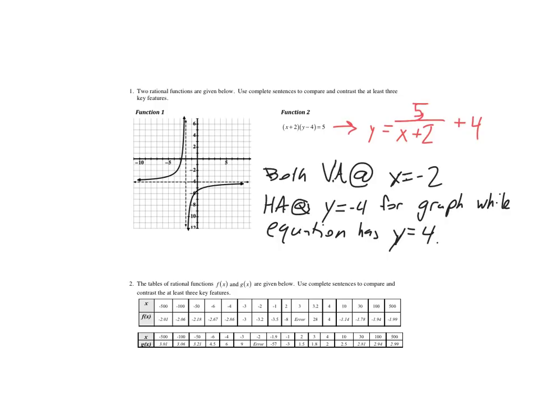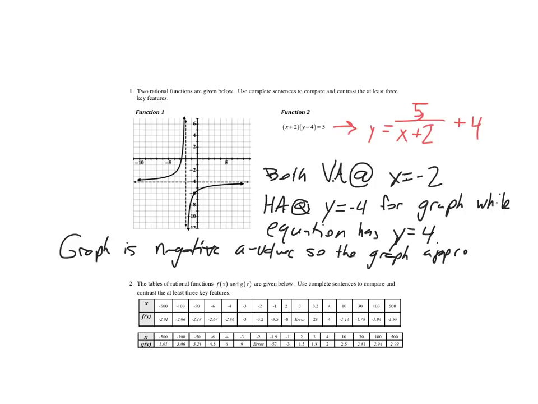And finally, the last thing you can compare is the a value. So the graph is a negative a value. Now this is the most important part. So the graph approaches the right horizontal asymptote from below.